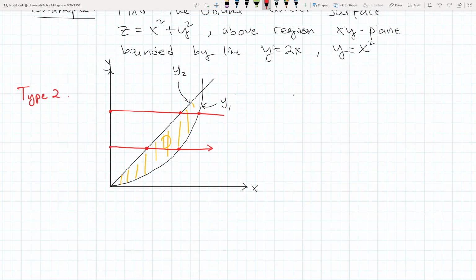Okay, but hold on. Let me do one more. I don't want to use the eraser, so let's use the green line. Let's look at another one.